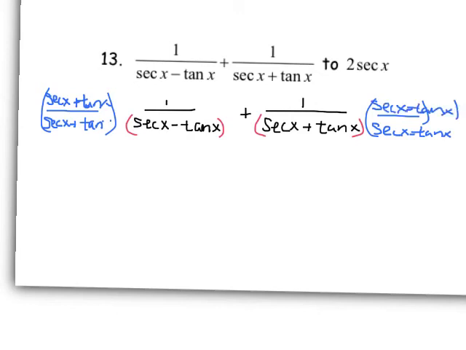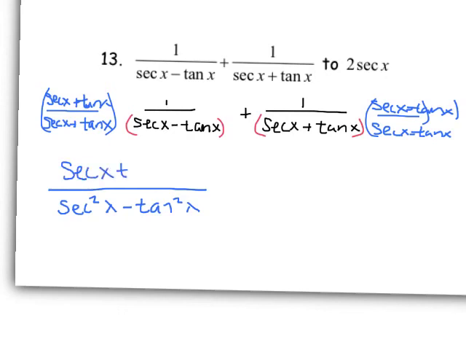Now this looks like it's about to be really ugly, but if we keep in mind that this is actually a difference of squares, I've multiplied by the conjugate, then it's really not that bad, because now on bottom I just have secant squared minus tangent squared. And on top I have secant x plus tangent x. And over here, same idea.